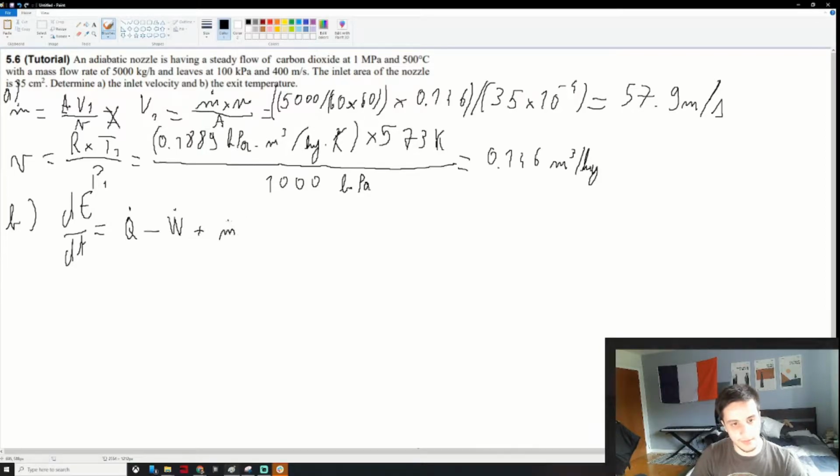plus the mass flow rate at the inlet times the specific enthalpy at the inlet, plus the velocity at the inlet squared divided by 2, and then the height at the inlet.